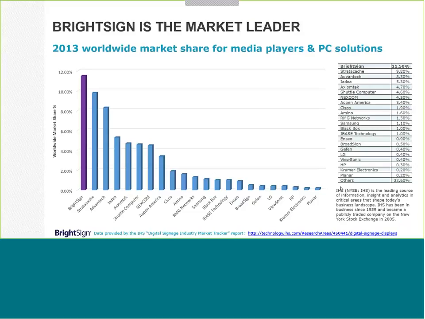This is all tracked by IHS, which is a big industry technology report tracker. And the interesting point is down at the bottom on this far right. Others. There's over a third of the industry has less than 0.2% of the total market share. So there are a ton of media player manufacturers out there, and BrightSign leads the way, but you can see how flooded it is.